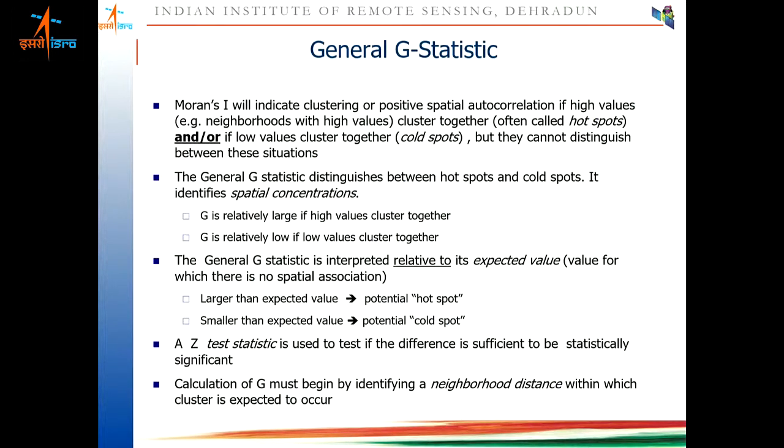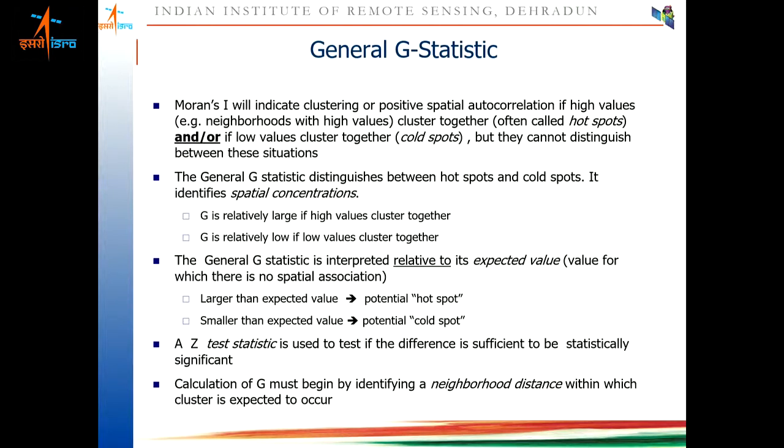Next is general G statistics. Till now, Moran I index can tell you about spatial autocorrelation, which means it tells whether there is a clustered pattern, random pattern or dispersion, meaning negative autocorrelation.